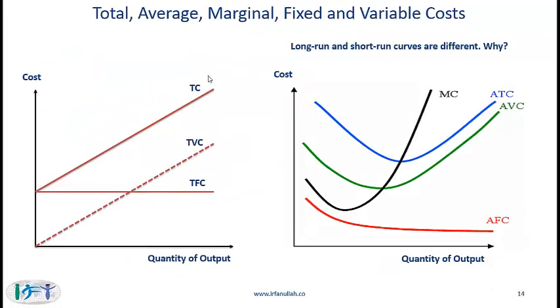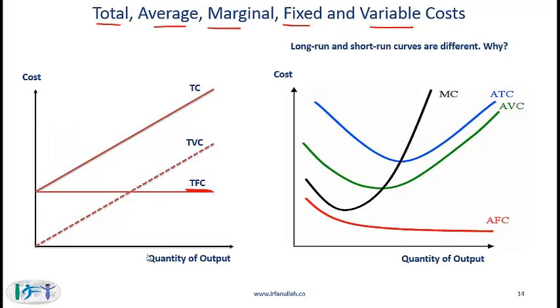On this slide, we will look at total, average, marginal, fixed and variable costs. On the left, we have total fixed cost, total variable cost and total cost. Total fixed cost by definition is flat.